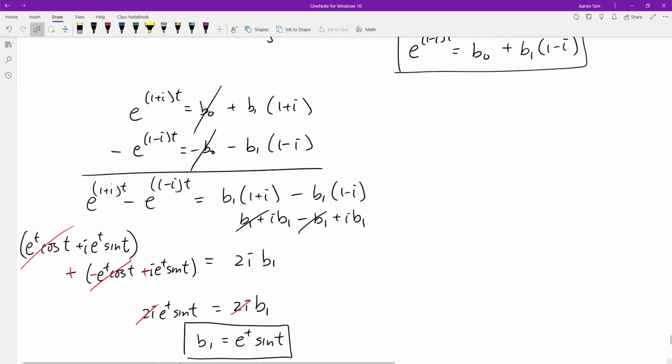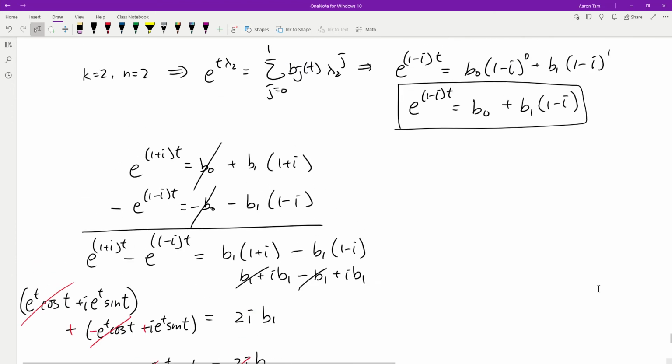So now I'm going to try to solve for b sub 0. How do I proceed with that? I guess I could just take one of these two equations and see what happens.